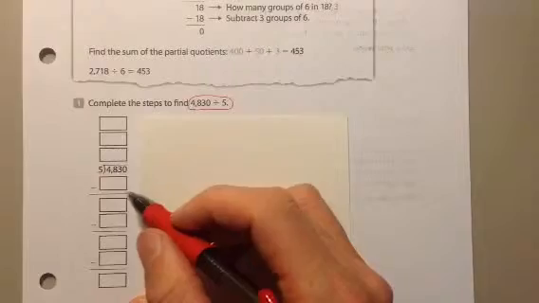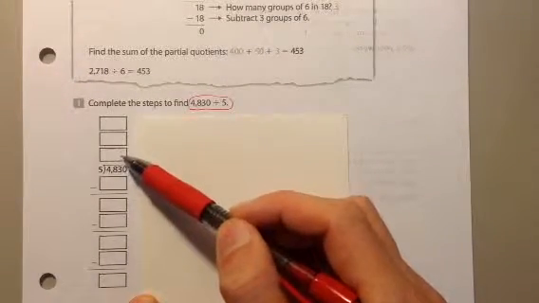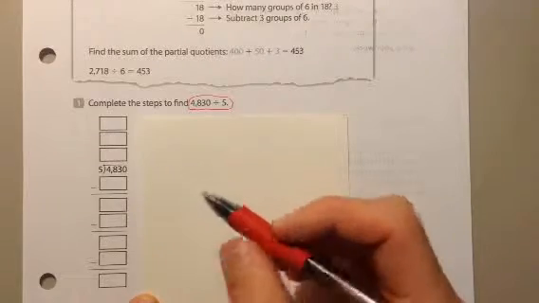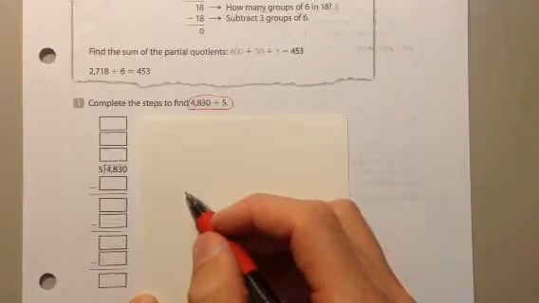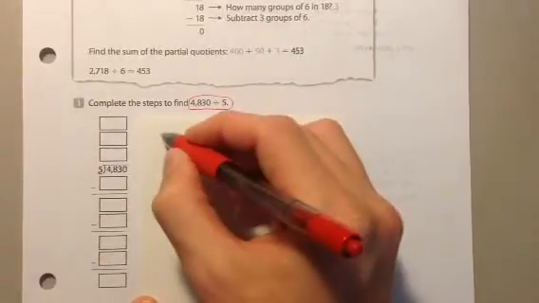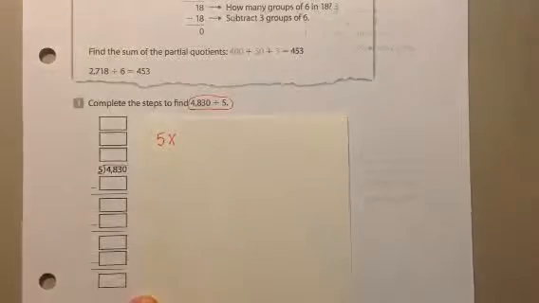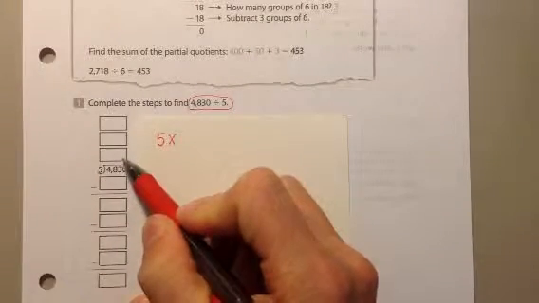Now, if we're going to divide this using partial quotients, because we see some boxes above where our quotient will go, that means we're going to use partial quotients. Step 1 with using partial quotients is you take your divisor. My divisor is 5, and I'm going to multiply that by multiples of 10 to figure out what my first partial quotient would be.